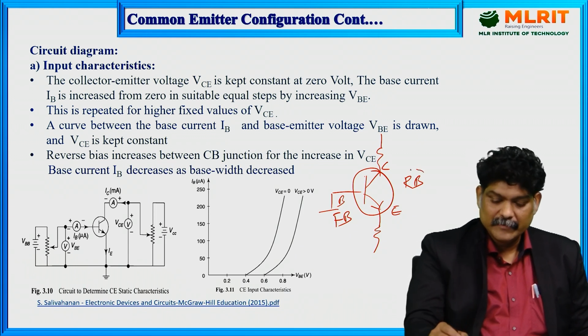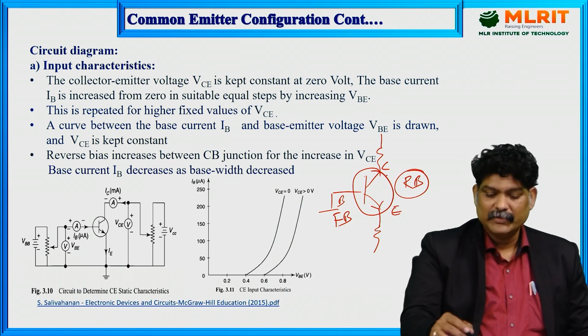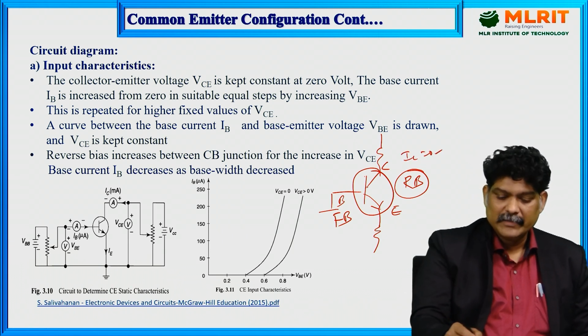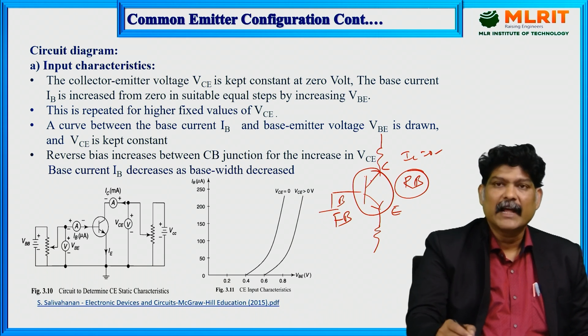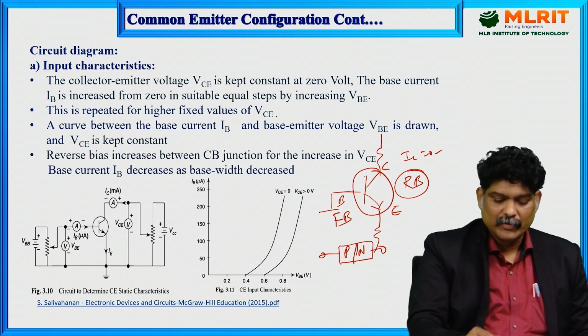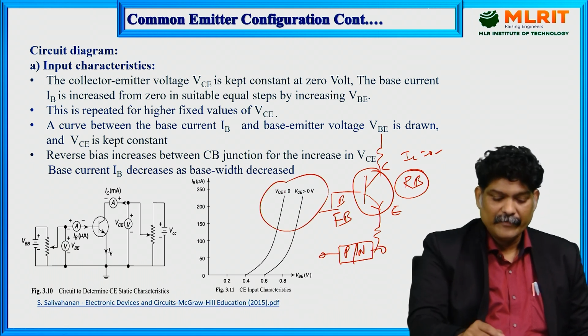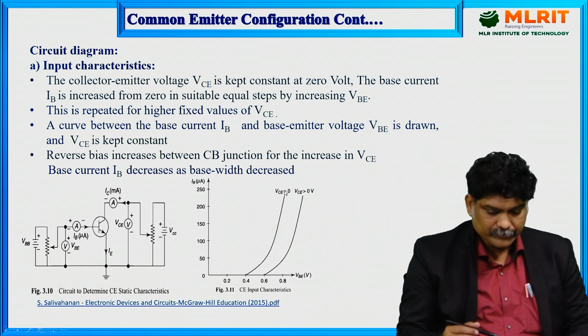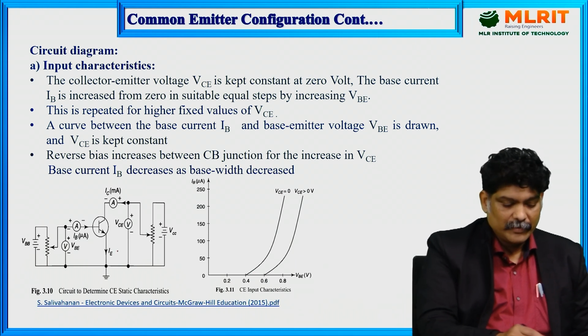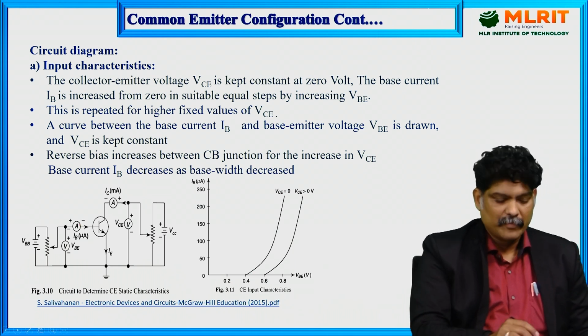Since the output is reverse bias, there is no current flow, so almost IC is equal to 0. Therefore your transistor acts like a normal PN diode, and we know the normal PN diode characteristics look like this, right? So when VCE is equal to 0, your transistor acts like a simple PN junction diode.